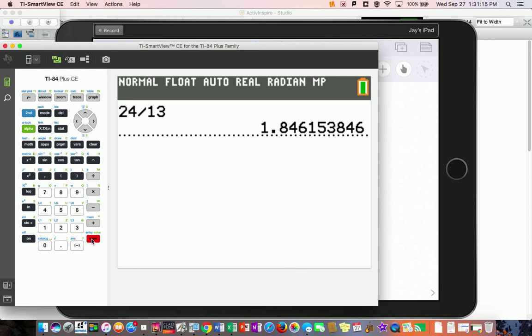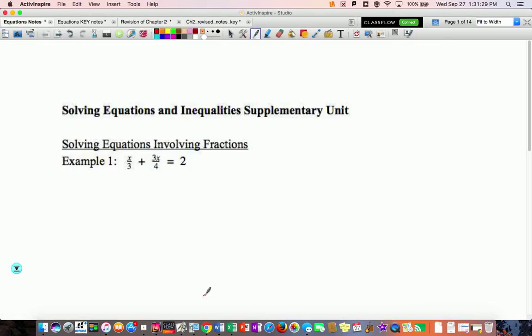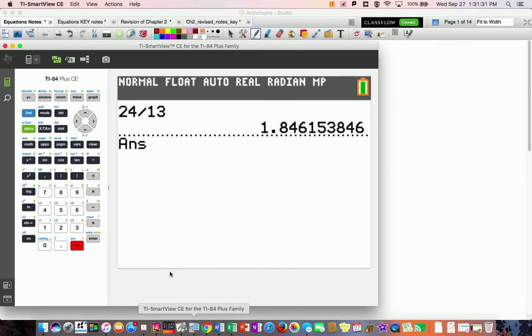So what we can do then is just do second negative, and remember when you do this, it's the answer divided by, this is a 3. So we're going to take our answer and divide by 3. And then remember the next term is 3x over 4.